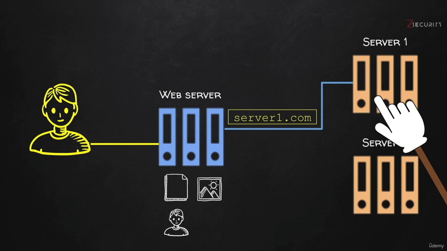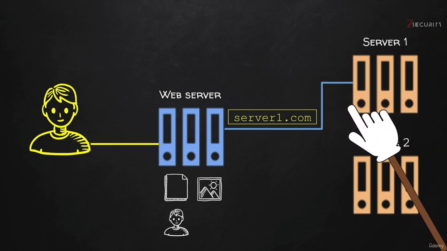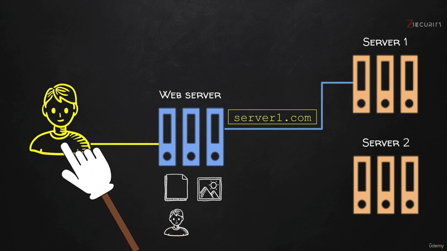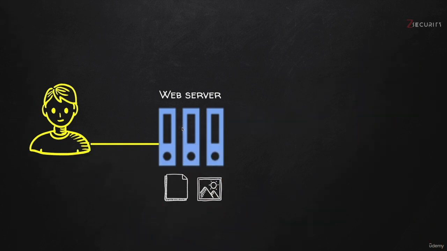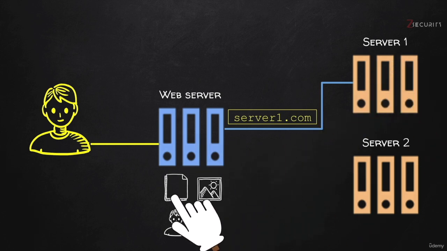Now, it's probably doing this because this is a protected server that contains private information, but we'll talk about that later. Right now, basically, what's happening is you as a user is using a web server. The web server can serve you files, images, and execute server-side code, but to get the user information, it actually makes a request to another server in here and then serves you the user information.